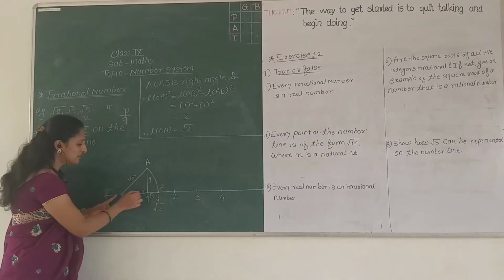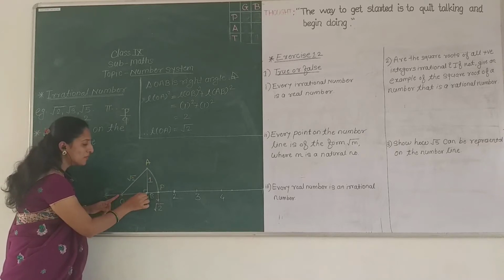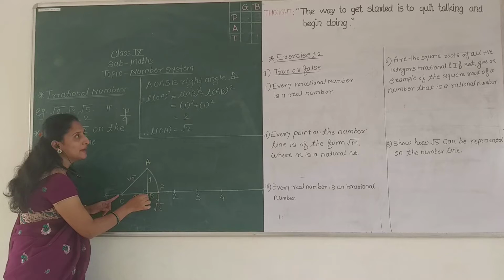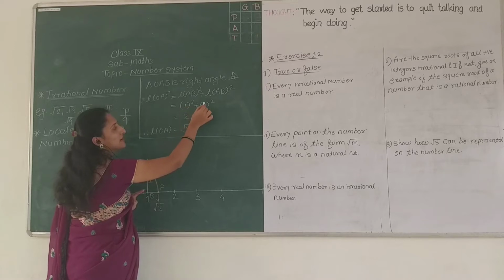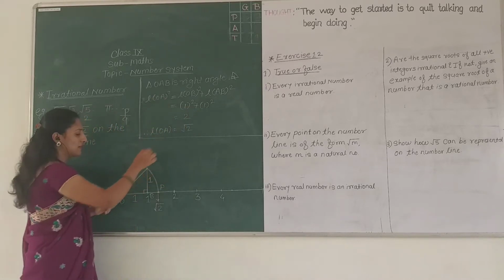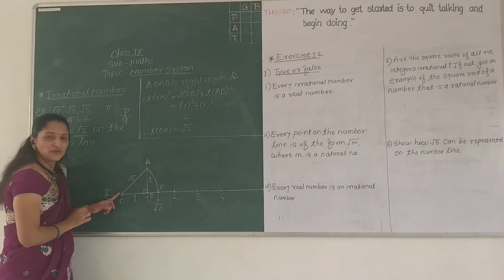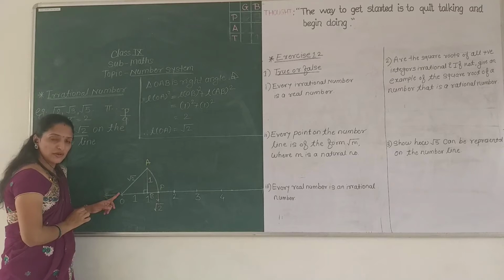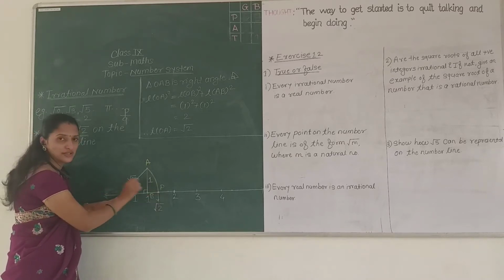That means for the triangle OAB, length of OA square is equal to length of OB square plus length of AB square. Length of OB is 1 and length of AB is 1, so 1 square plus 1 square is 2, and length of OA is equal to square root of 2. Now we have to locate this point root 2 on the number line.